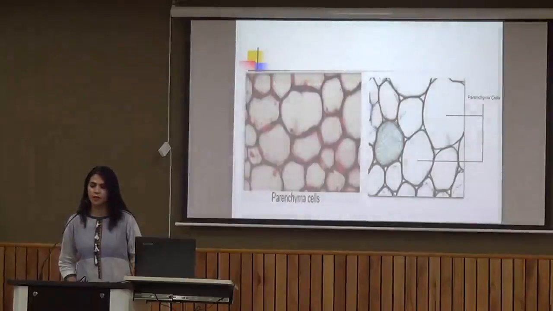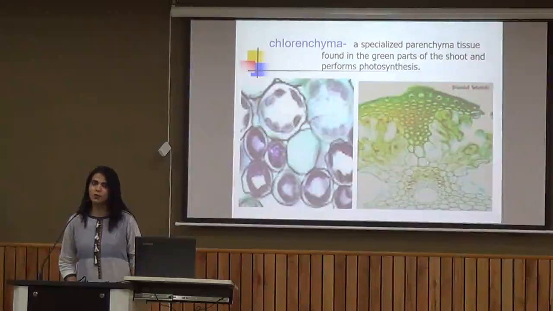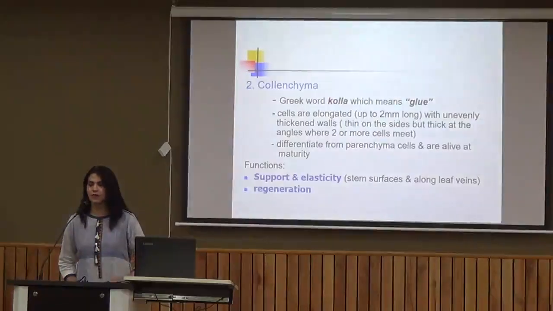As we can see, they are relatively unspecialized cells. The cell wall is thin, and intercellular space is practically absent, or very little. Now this is the diagram of the specialized parenchyma tissue, which is found in the green parts of the shoot, and it is basically responsible for performing photosynthesis.